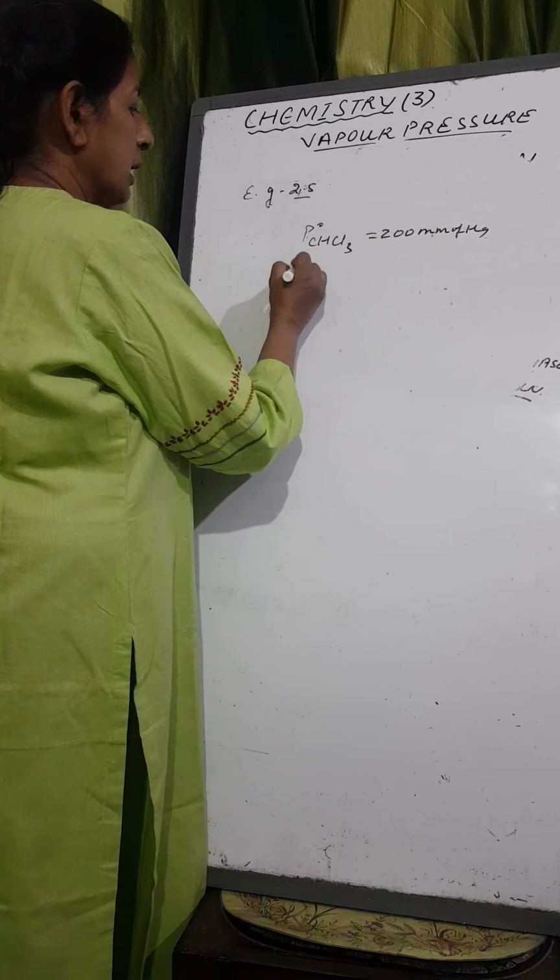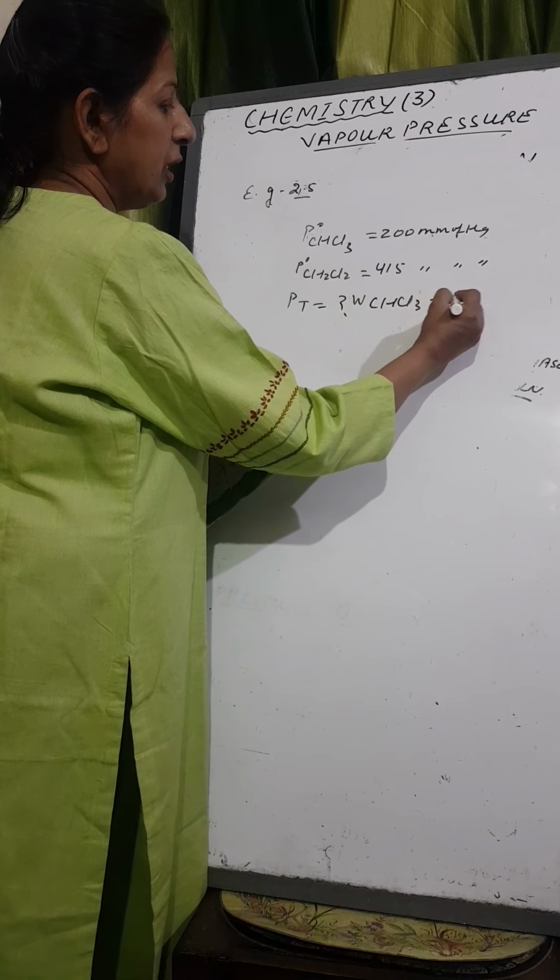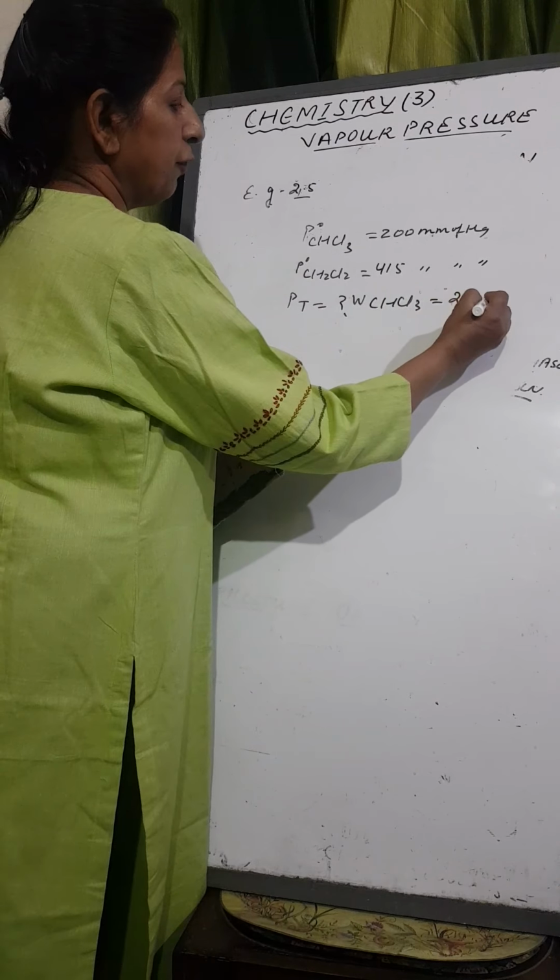We have to find out the vapor pressure of the solution, that is, P total is the question mark, prepared by mixing 25.5 gram of chloroform. So CHCl3, that is W of CHCl3, is 25.5 gram and 40 grams of CH2Cl2.